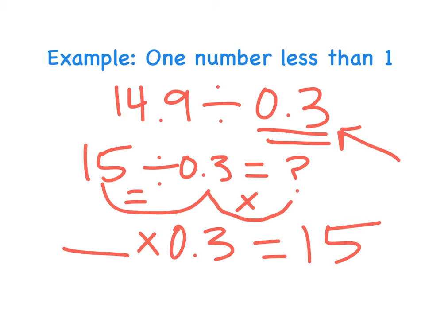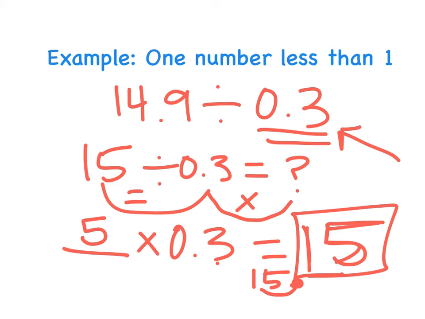So I know that I need a 5 here because 5 times 3 gives me the digits 1, 5, right? But if I multiply 5 wholes times 3/10, that's 15 with one number after the decimal point. And that's too small. I need my decimal point moved to the right one time to get this 15 that I have here. So in my blank space, I'm going to move the decimal point to the right once, which would make this 50.